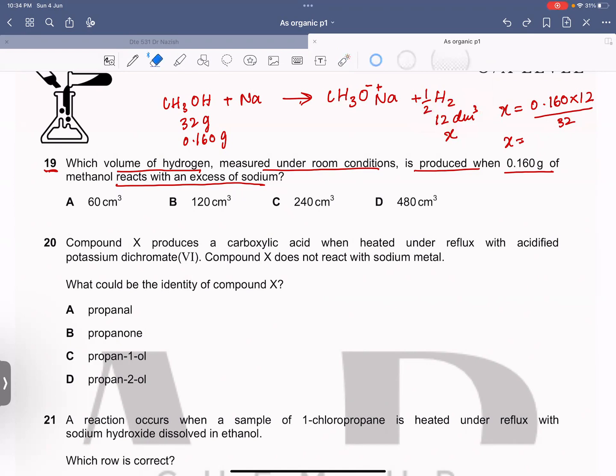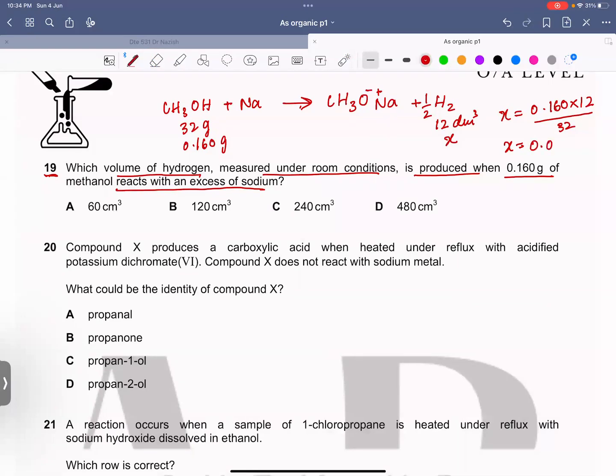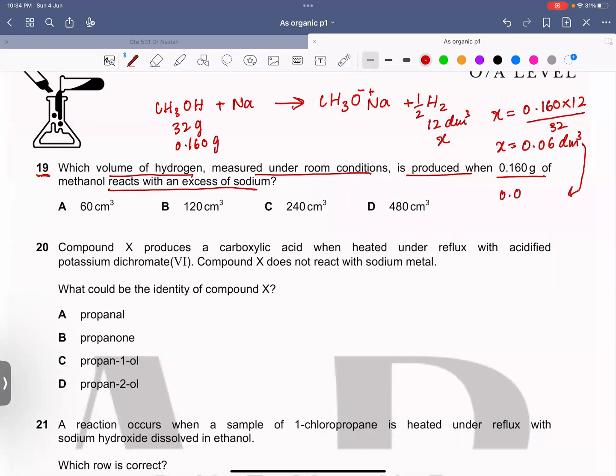So the answer would be 0.06 decimeter cube, and here the answers are in centimeter cube. So 0.06 times 1000 will give you centimeter cube. So 60 centimeter cube, which makes B, C, and D wrong, and A is your correct answer.